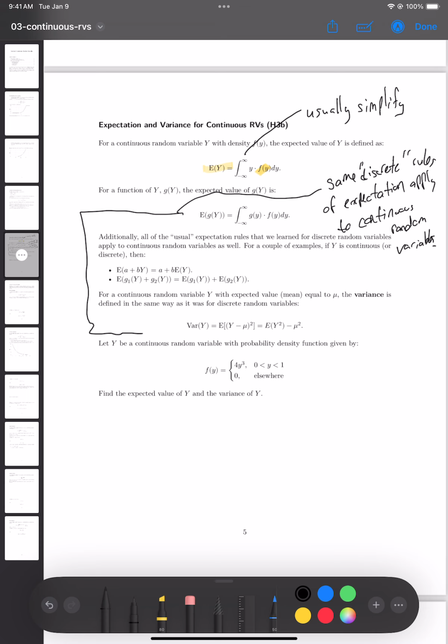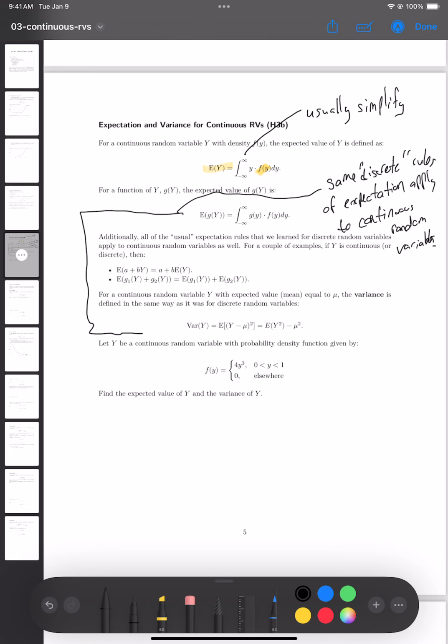That's great news, right? We've already learned all of these rules, and we don't need to relearn a completely different set of rules for continuous random variables. They're really just the same. In general, for continuous random variables, we're often just replacing a sum with an integral. For discrete, we use the summation symbol a lot. For continuous, we will often be integrating.